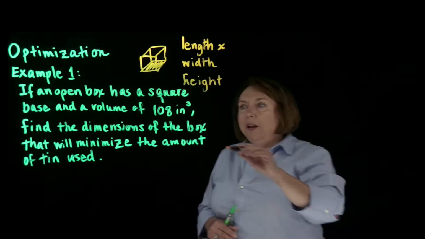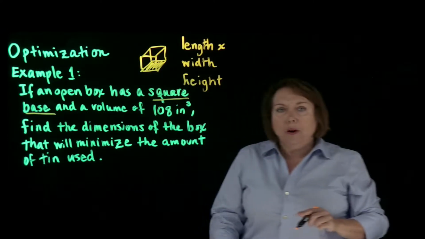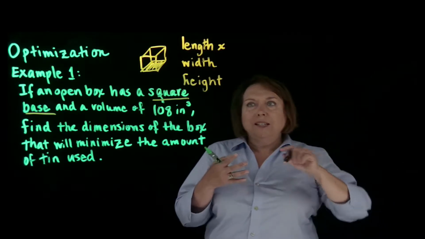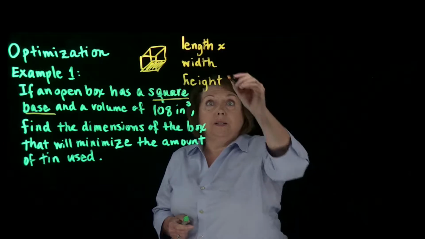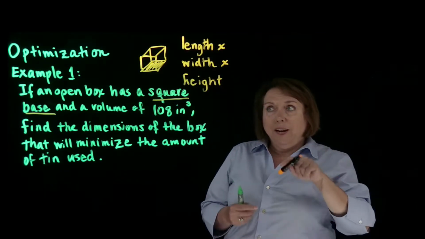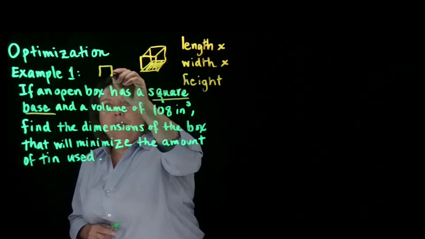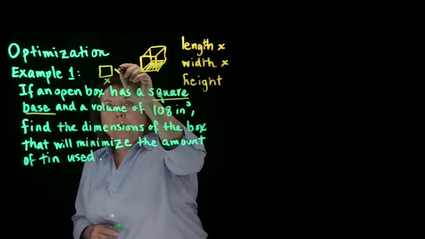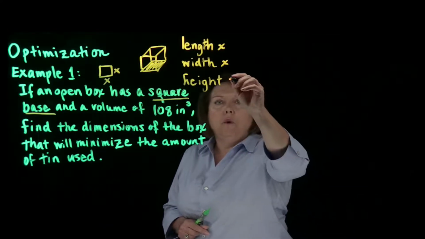What's important here is that our box has a square base, which means that the length and the width of the box will be the same measurements. So I can also call the width x. Both the length and the width are the same. And then the height, let's call it y.